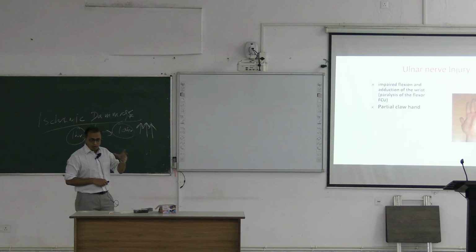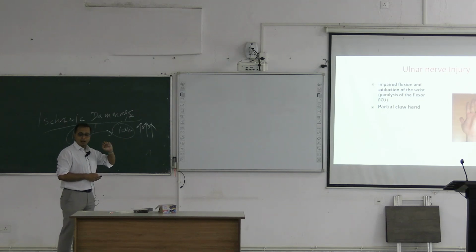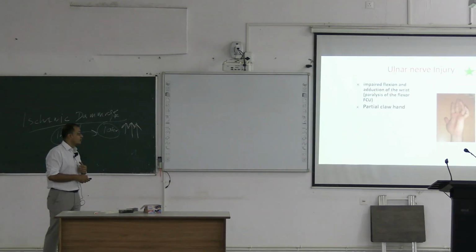When you learn the small muscles of the hand and their innervations, explaining how ulnar nerve injury leads to claw hand deformity will be easy for us. So I am not spending time on it right away, just explaining that ulnar nerve injury leads to claw hand deformity because this nerve supplies the small muscles in the hand.